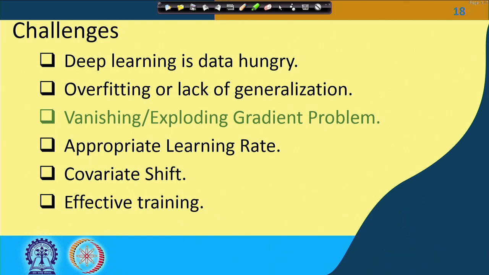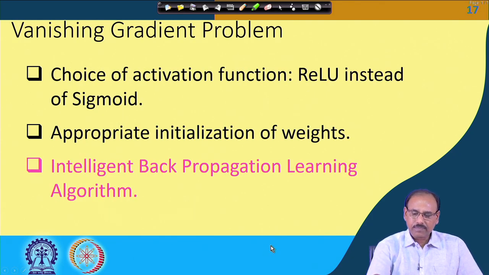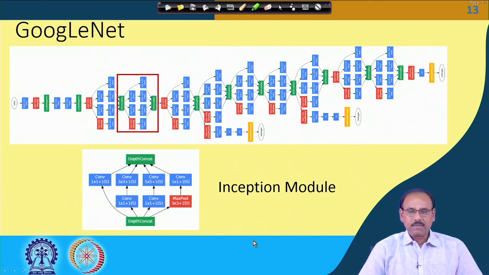The problem that we tried to address is the vanishing or exploding gradient problem, and the particular network architecture we discussed is GoogleNet. We have seen how this vanishing gradient problem is addressed in GoogleNet. The architecture is something like this.